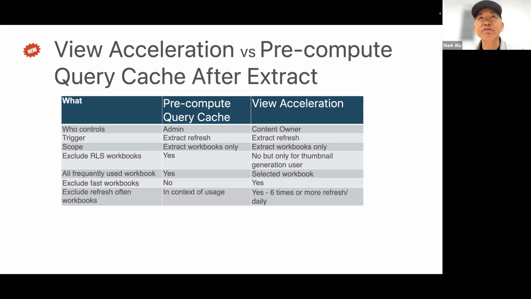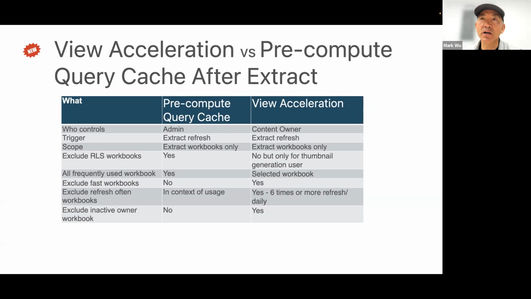What about refreshing very, very often, too often? For the pre-compute, too often refresh is in the context of usage. The threshold setting 2, remember? For the view acceleration, if the extract refresh happens 6 or more times a day, you cannot set it.